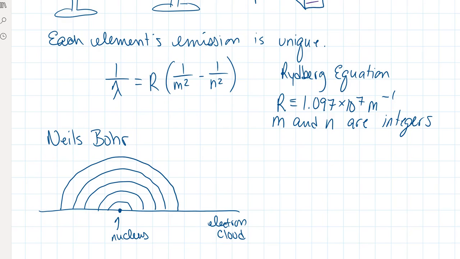So instead of saying the electrons are all over the place, he said, I think the electrons can only be in certain spots. And the colors that we observe are the electrons moving from higher energy levels to lower energy levels. It turns out that this worked out really well because he could calculate the distance between these energy values.